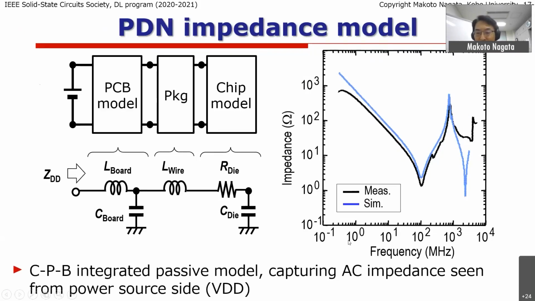The horizontal axis gives you the frequency of interest, and the vertical axis gives you the impedance at that frequency. The impedance decreases by the capacitance and then increases again by the inductance and so forth. Those resonating frequencies and responses are well captured by the model. This is the passive part.